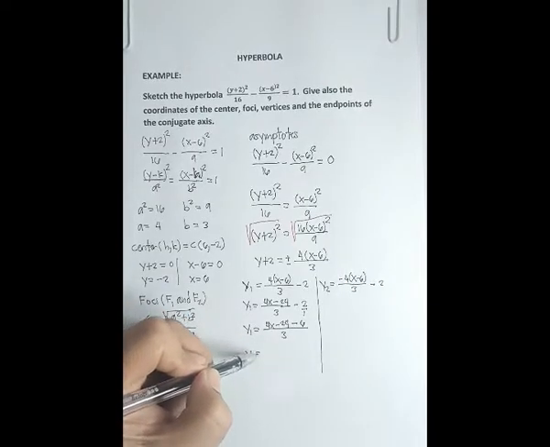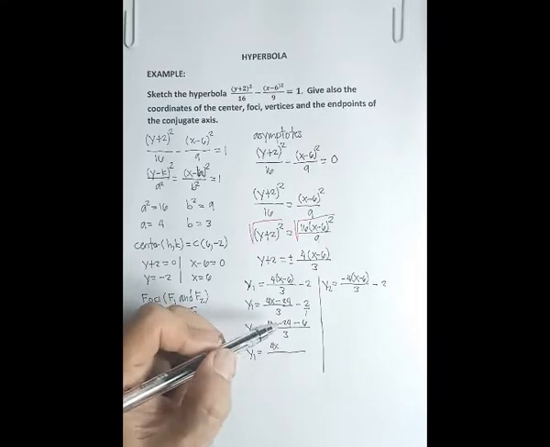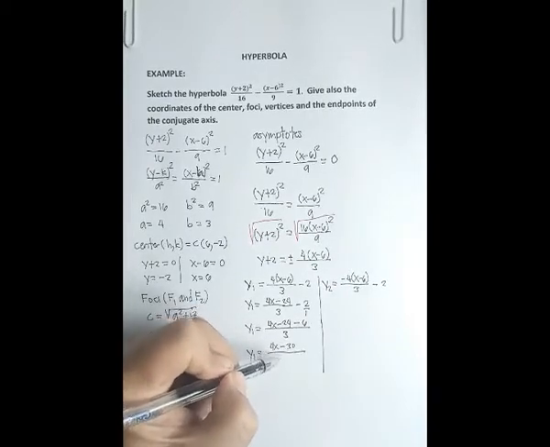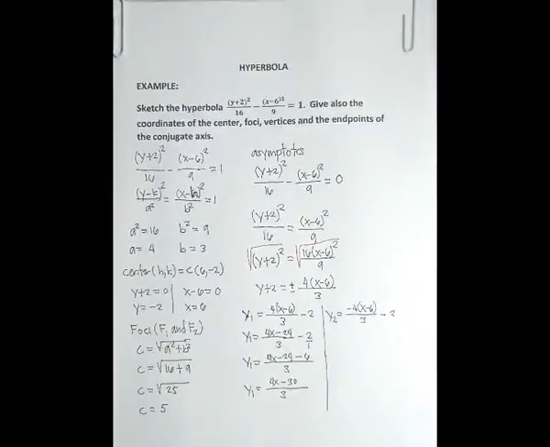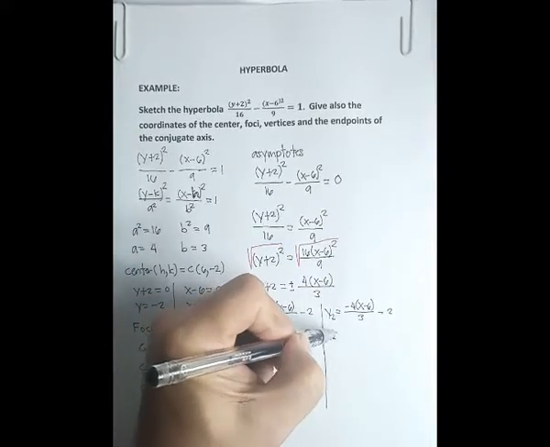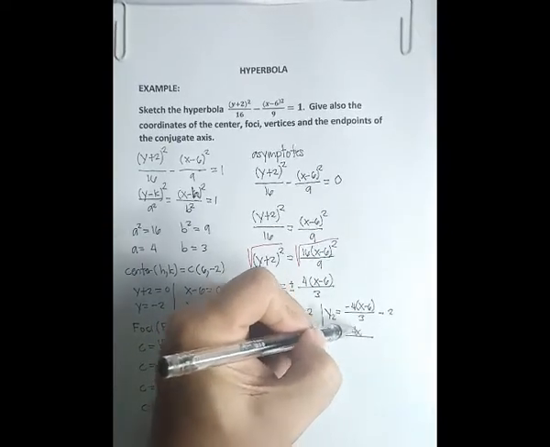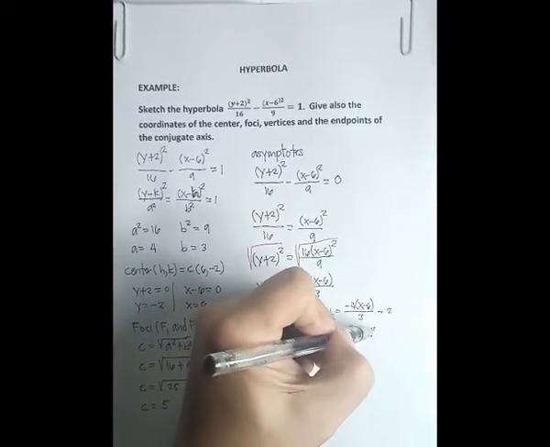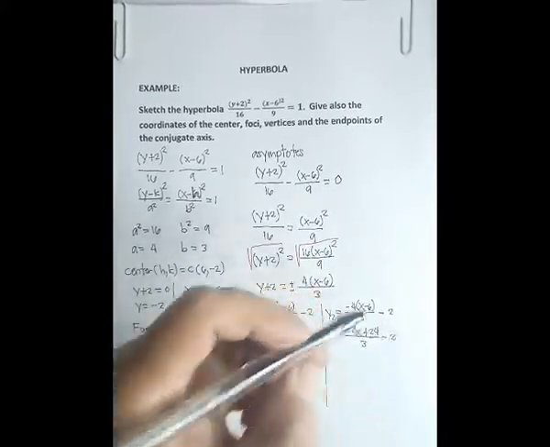So y1 is equal to (4x minus 24 minus 6), that is 4x minus 30, over 3. Okay, for y2, we have negative 4x, then negative 4 times negative 6 is plus 24, over 3 minus 2.